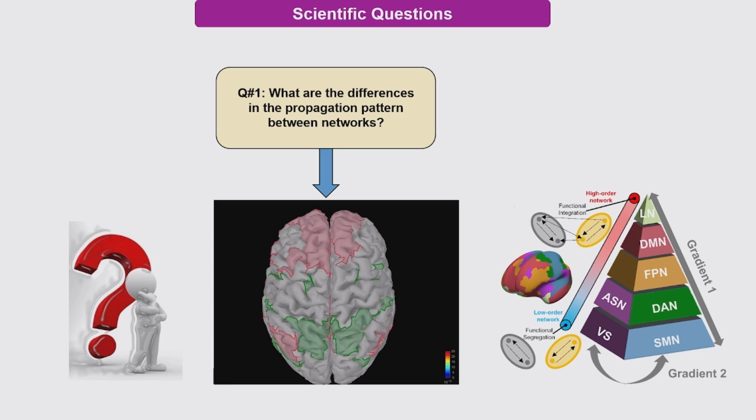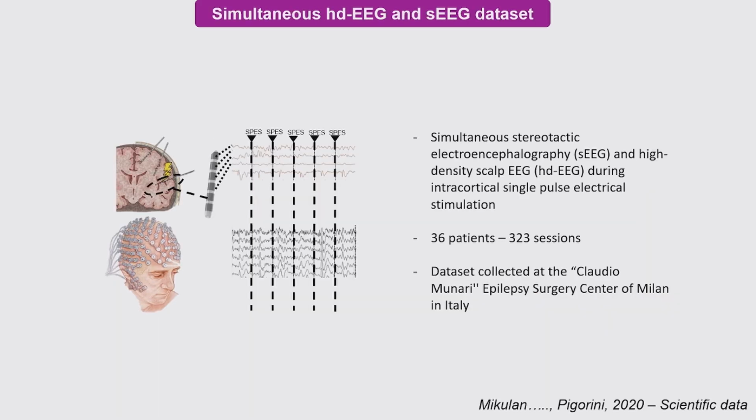So the question that we have is: what are the differences in the propagation pattern between these functional networks, if any? So we use this dataset, which is amazing, from our collaboration with the center of the University of Milan.